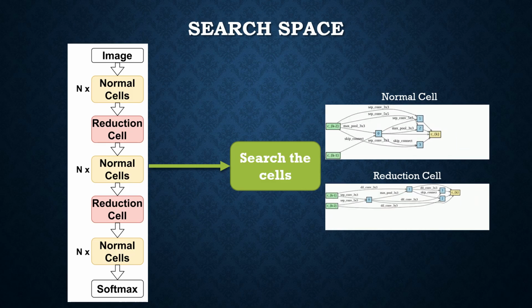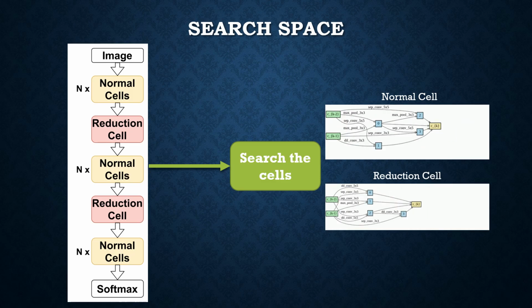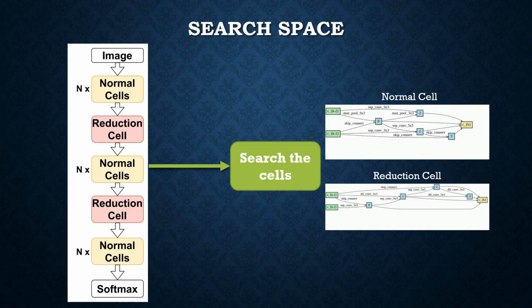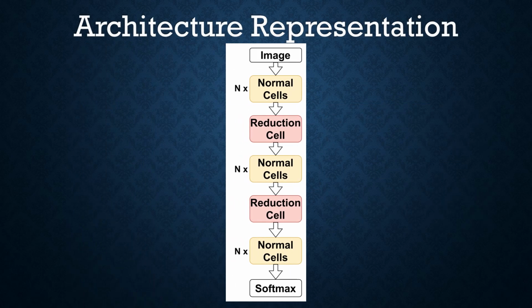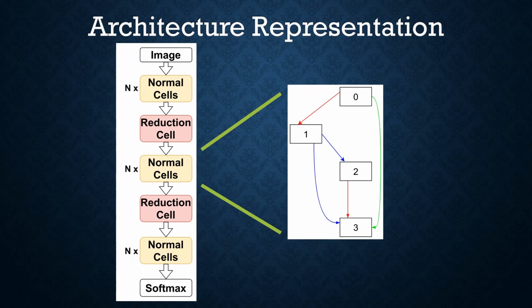The difference between the reduction cell and the normal cell is that the reduction cell will reduce the spatial dimension, whereas the normal cell will maintain the spatial dimension. So how do we represent the normal cell or the reduction cell? This is an example of a normal cell which is composed of 4 nodes, and the different colored arrows represent the different operations that can be applied between 2 different nodes.